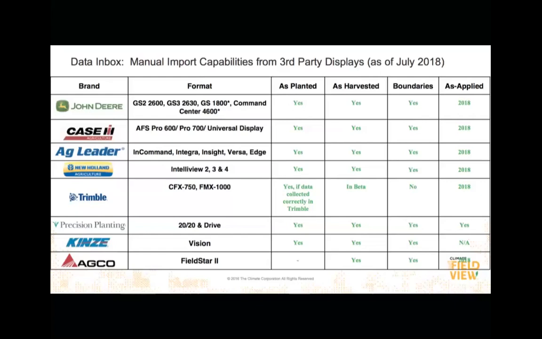And so what we find is that a lot of times with Trimble monitors, yes, you can move the data in, there's data there, but it doesn't have all the attributes that are necessary for us to make sense of it in terms of what crop it is and what variety it is. So if the data was collected correctly, yes, but there's usually some issues with the way that people end up using the system to collect data in the field.